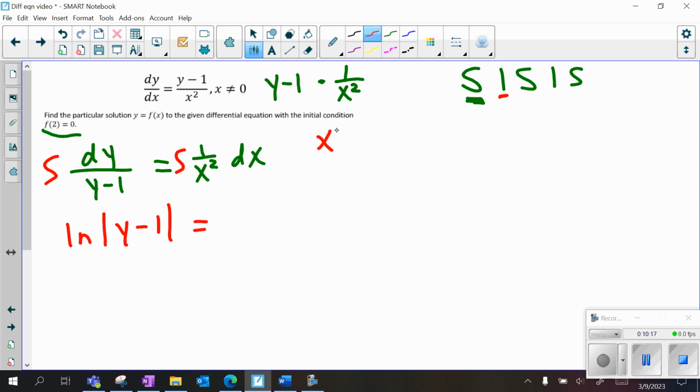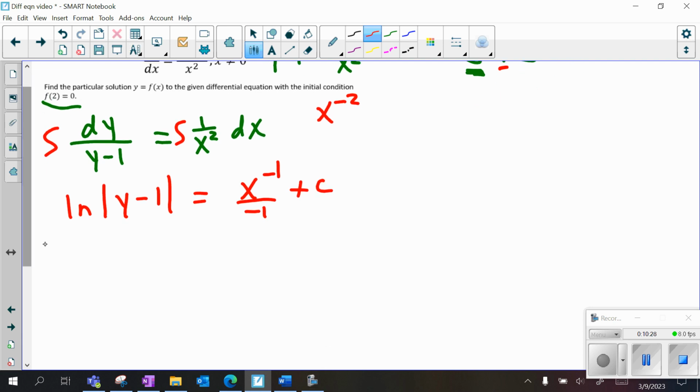I can look at this as x to the negative 2. So I need to add 1, so we get x to the negative 1 over negative 1 plus c. But that doesn't look nice. Let's rewrite that. This is just negative 1 over x plus c.